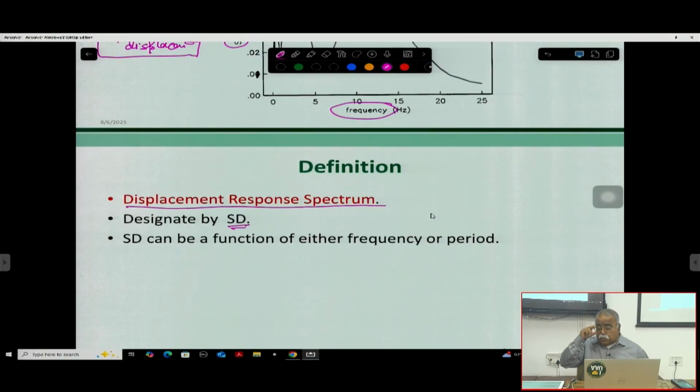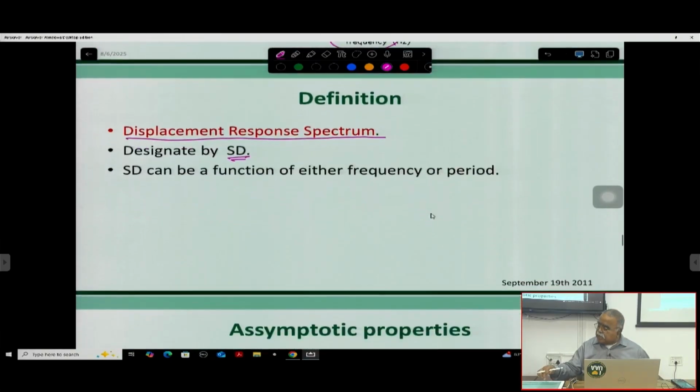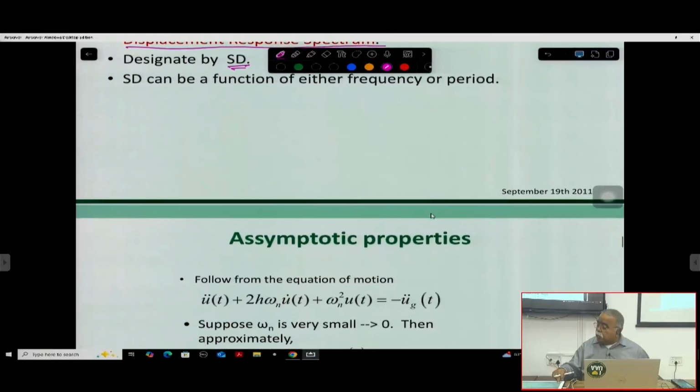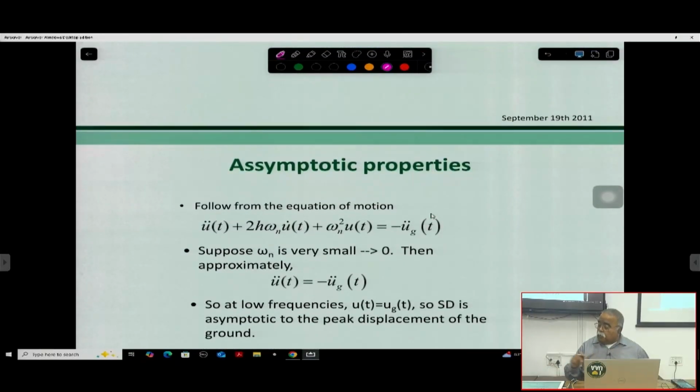SD is basically calculated from the maximum value obtained for each frequency, right, and each damping. Now if you look at our previous equation, u double dot t plus 2 zeta omega n u dot t plus omega n squared u t equals the ground motion term.